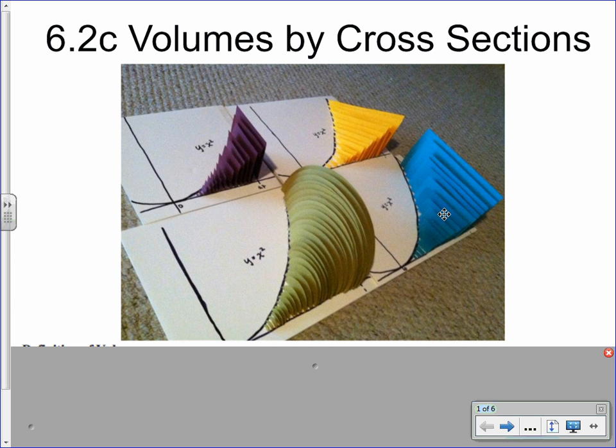Okay, so if I can find the area of these, how thick are they? No, dx. These are thickness dx, right? Because they're vertical. So can we add up all of these areas? And how would we do that? Okay, so we're going to take an integral.